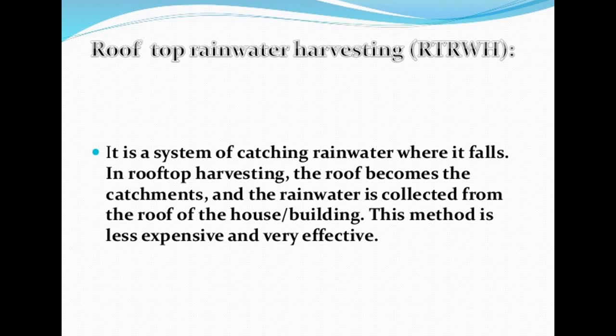So basically the roof of every house is a kind of catchment, a kind of collection jar made on every roof to collect this rainwater, and the rainwater is collected from the roofs of houses and buildings of that particular area.